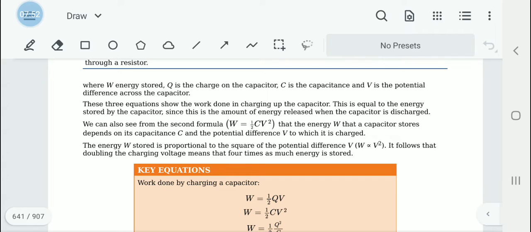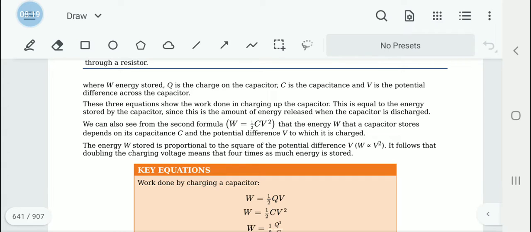So in the second formula, W equals half CV squared, we understand that the energy W is the amount of energy that would be stored when this voltage of V flows through this.